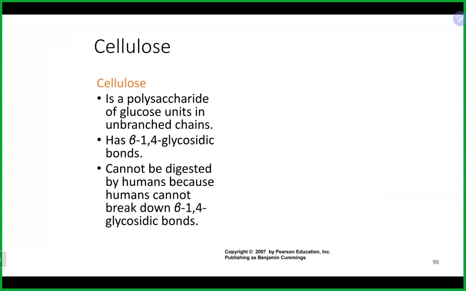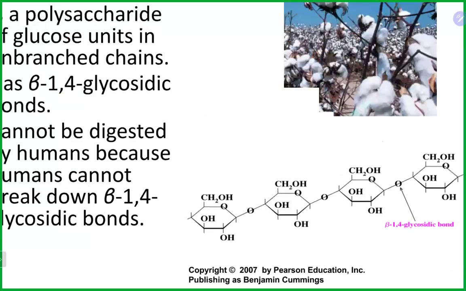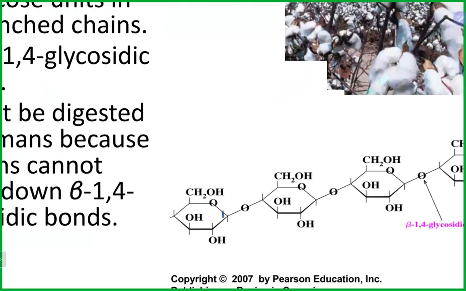Now, cellulose, on the other hand, is the polysaccharide of glucose in an unbranched chain. It has a different bond. It has that beta 1,4 glycosidic bond, again, similar looking, hopefully, to the previous one that we saw. Again, kind of going in the upwards direction. Carbon number 1 of this guy, carbon number 4 of this guy.